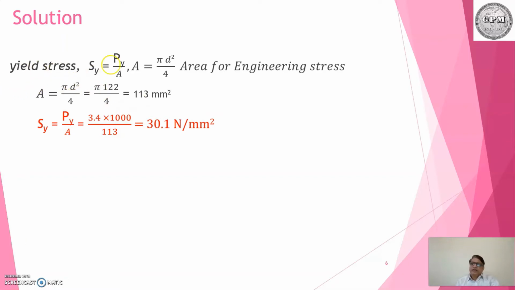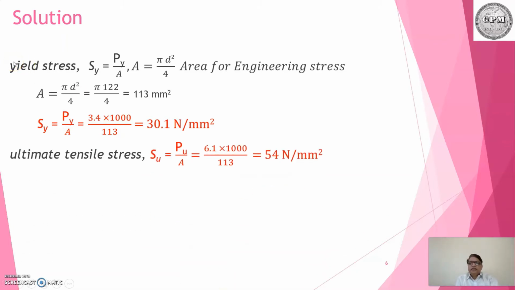Try to get the correct area, and each thing you write, you should write the dimensions: is it in millimeter or millimeter square? Area is a multiplication of length and breadth, so you will get millimeter square. Here it is the rod diameter, hence d square, that means millimeter square. Similarly, the other one, ultimate tensile stress, we can find out: Su is equal to Pu upon A.